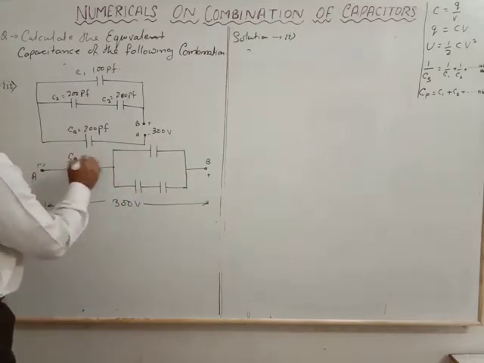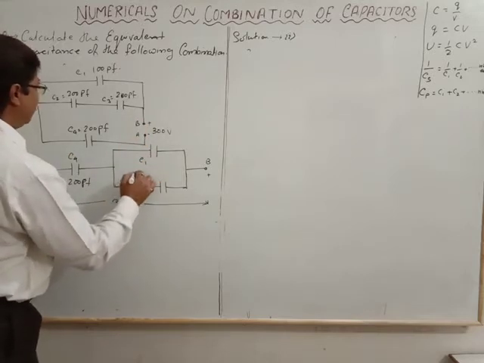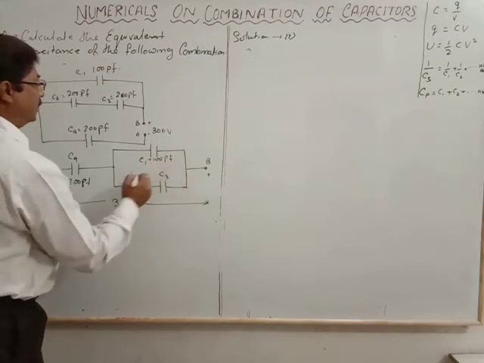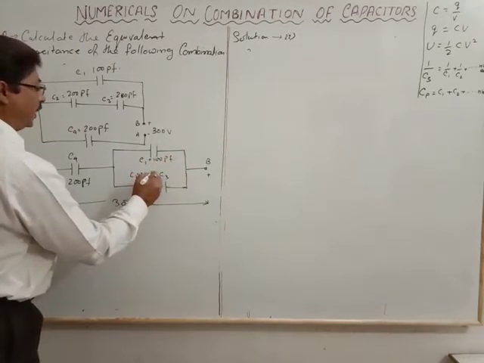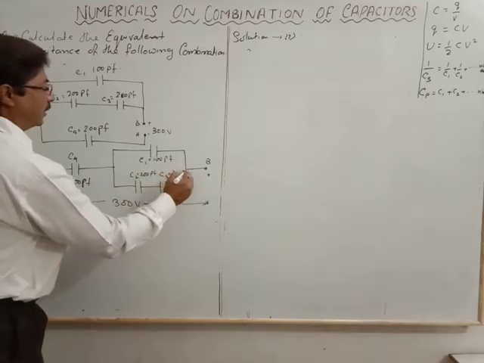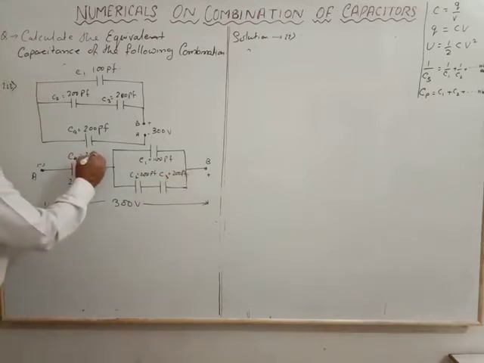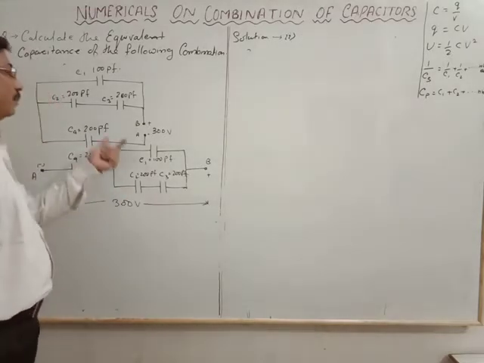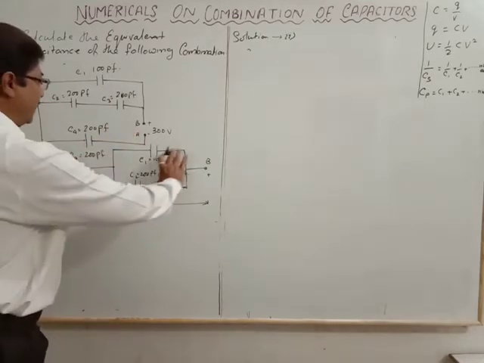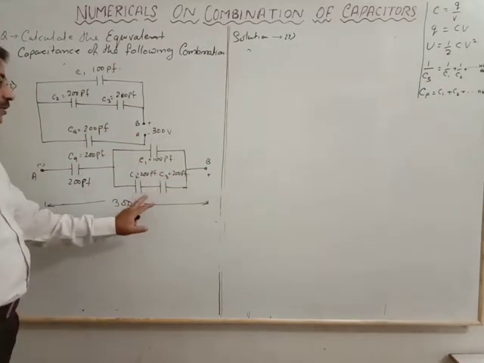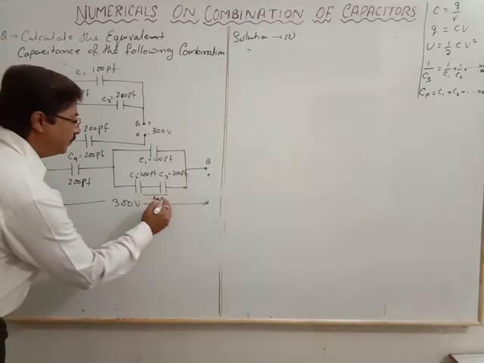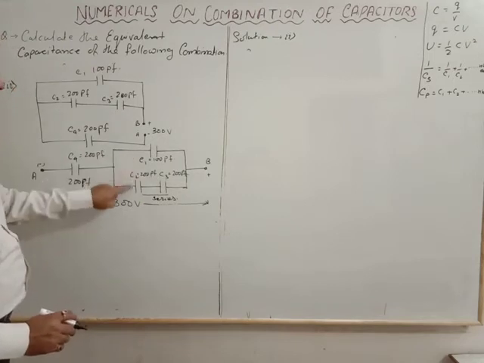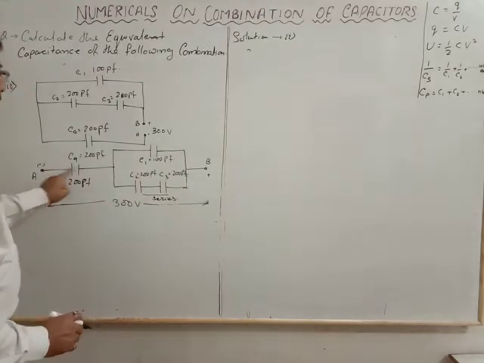So C4 is here, here it is C1, here it is C2 and C3, of the value 100 picofarad, and here it is 200 picofarad, here 200 picofarad, and here also 200 picofarad. Now for better clarity, I make it state, and now it appears that here it is the series combination, and the value of the series combination together with C1 becomes the parallel combination.